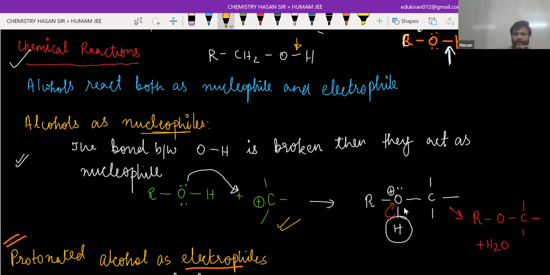When it attacks, oxygen will have positive charge, which is unstable. So in order to stabilize itself, oxygen will take electron from hydrogen and satisfy itself. Now you can see in the reaction, alcohol is acting as a nucleophile by the cleavage of this OH bond. Is that clear, Austin?